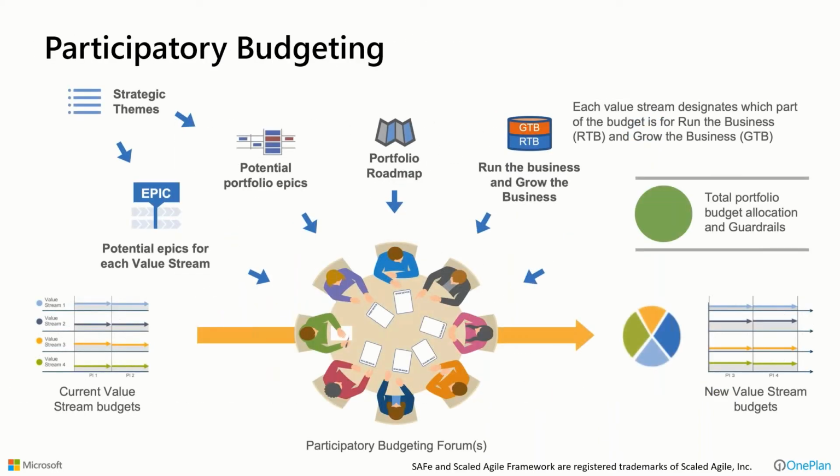Another concept of LPM, or Lean Portfolio Management, is the idea of participatory budgeting. As opposed to the old school approach, where a bunch of executives in a room somewhere hash things out on a spreadsheet and come up with a budget, this is about getting more parts of the organization and more contributing people involved, making inputs and even presentations on why we should be doing things and when.